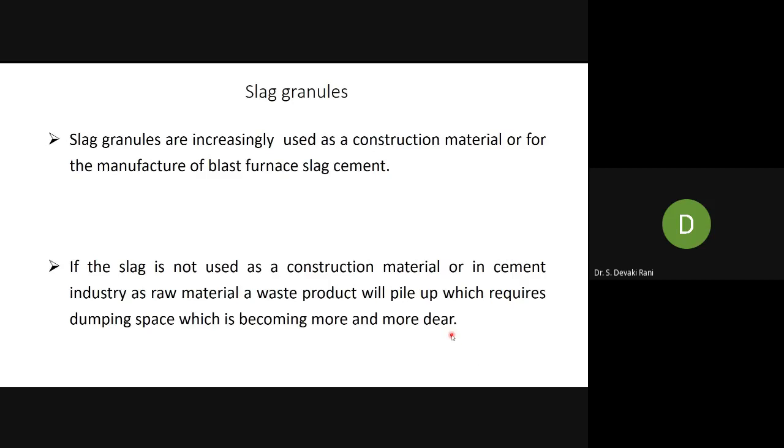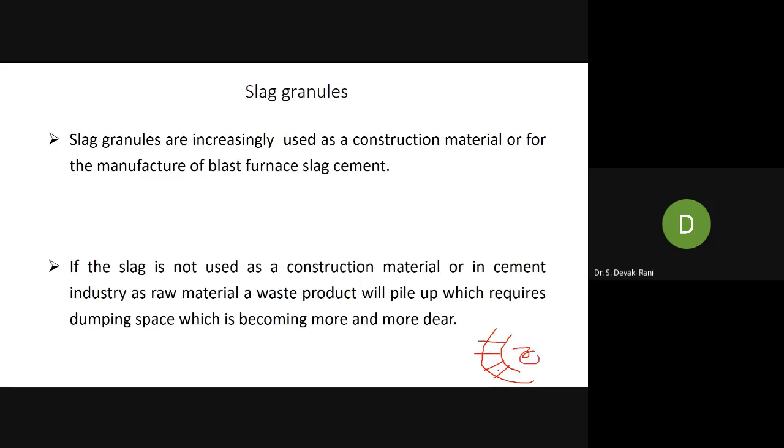Whenever a furnace lining is given with refractory brick, the capacity of the furnace becomes lesser. Suppose this is the furnace, roughly I'm telling you, this much amount will be the lining. All this is the refractory lining, and this is where you are heating the stock.